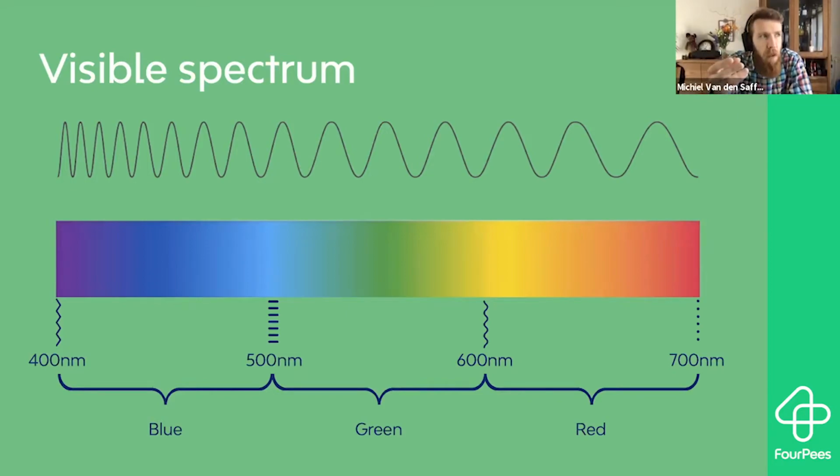The visible spectrum is really the rainbow, right? If you put light through a prism, you get all the wavelengths nicely spread out for you, and you see the visible spectrum. So all of those colors are present, and they're all identifiable by a certain wavelength, which will make it simple, and we look at the primary colors.